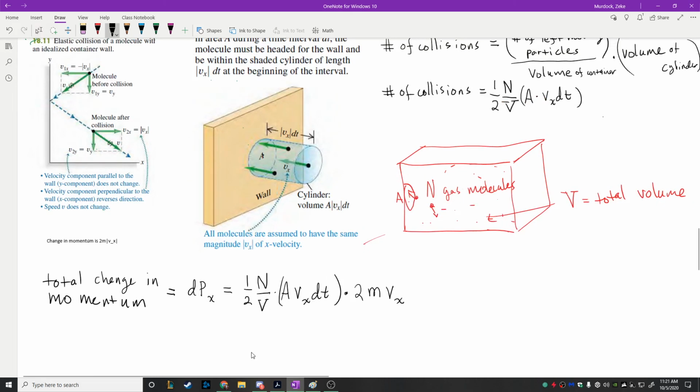This can be simplified a little bit because the 2's cancel. There's vx here as well as here. So you end up getting N times A times dt divided by the volume and then multiplied by m times vx, but vx is squared now.